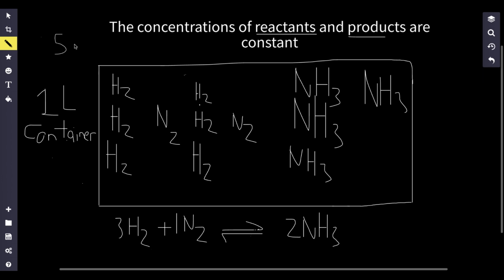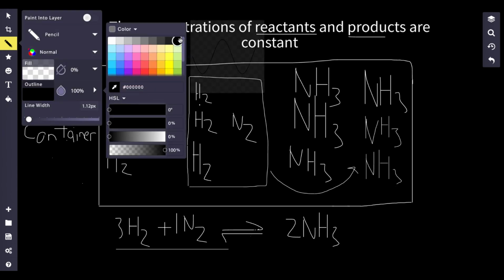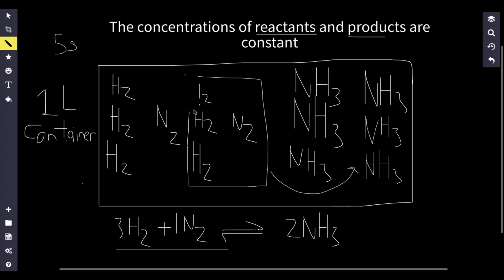Every 5 seconds, 3 hydrogen gas molecules react with 1 molecule of nitrogen gas, and we produce 2 molecules of ammonia. Let me erase this, because they've reacted.